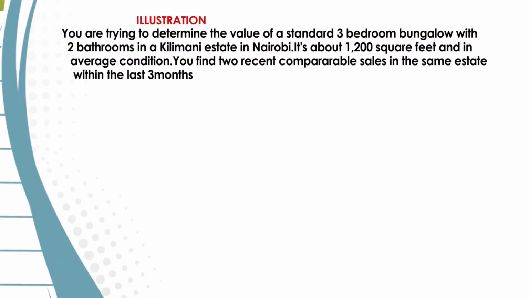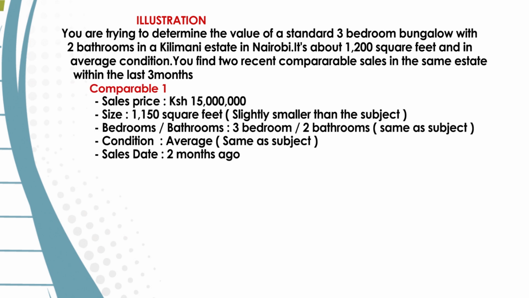You are trying to determine the value of a standard 3-bedroom bungalow with 2 bathrooms in Kilimani Estate in Nairobi. It's about 1,200 square feet and in average condition. You find 2 recent comparable sales in the same estate within the last 3 months. So we have data for comparable 1 and data for comparable 2.